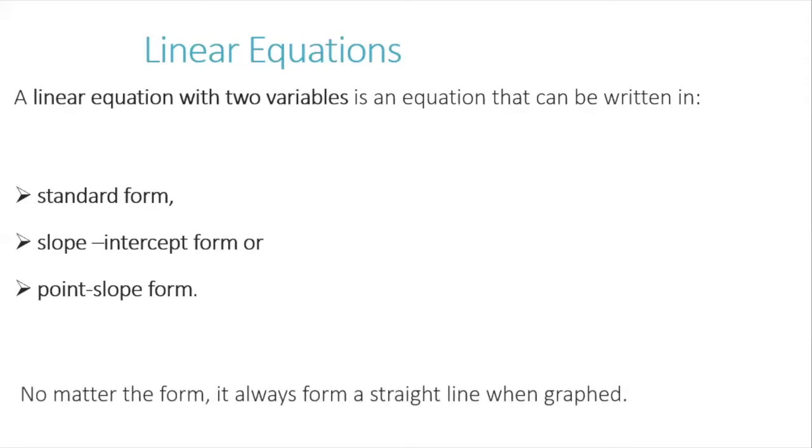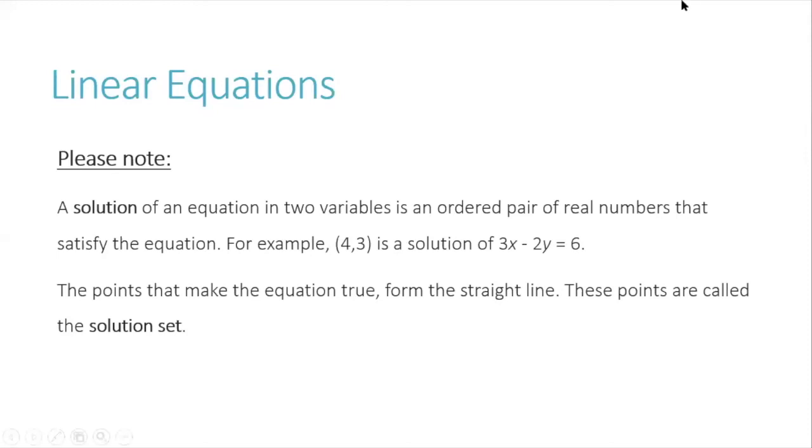And so no matter what the form of the linear equation is, it always will form a straight line when graphed. So you have a note here. The solution of any linear equation that has two variables would be an ordered pair, or a set of coordinates that are real numbers.